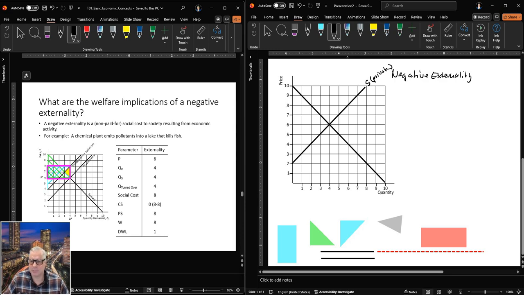And those are the private costs, like the raw materials, rent, wages, those kind of things. But now, if there is a cost to society as well, we shift up that supply curve by the social cost. So this one is the supply curve plus the social cost.